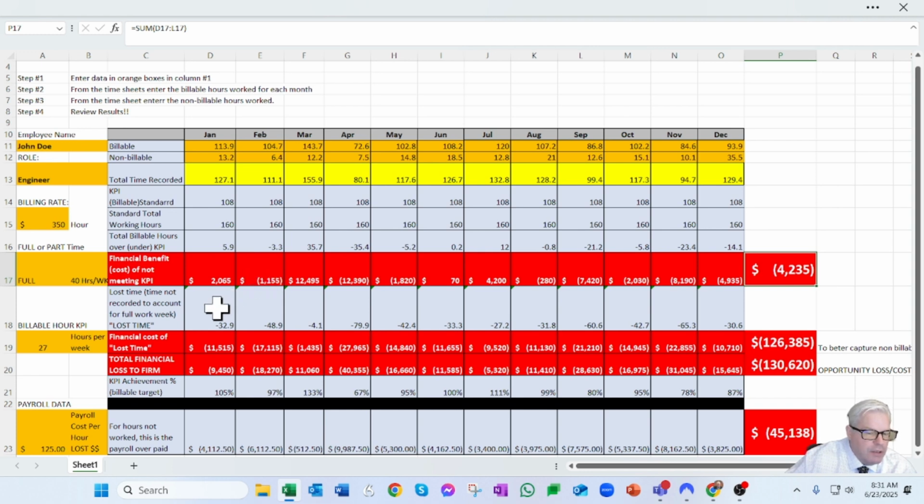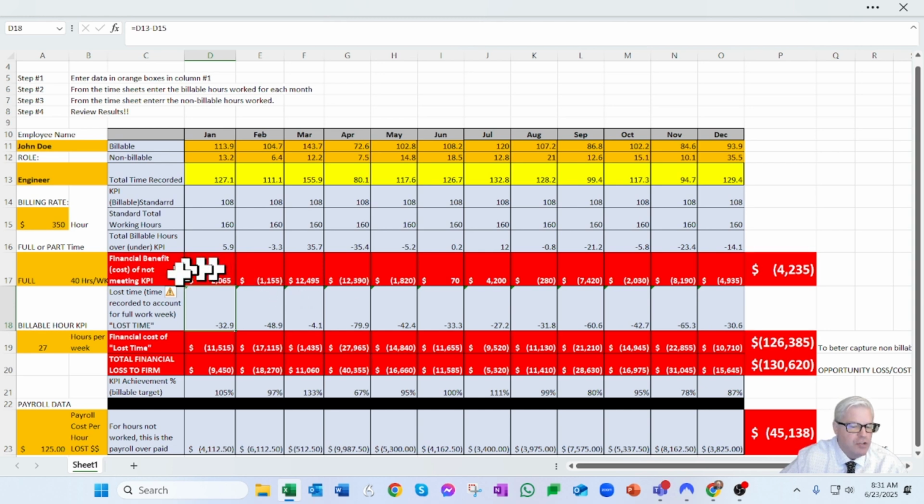Now we're going to take a look at the impact of not recording all of your time. In this instance, we're supposed to be recording 160 hours a month. We've recorded 127.1. So we are short 32.9 hours in January. We don't know if that should have been billed to a client, or if it was administrative costs, or if it was really paid time off or vacation time.